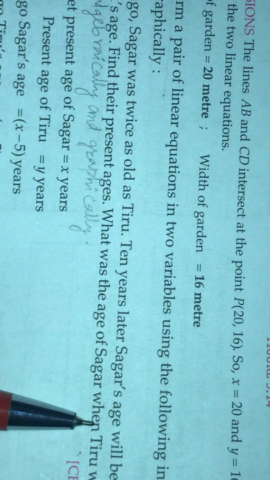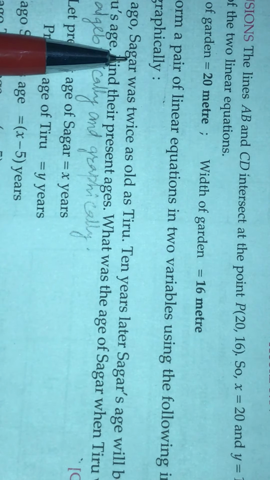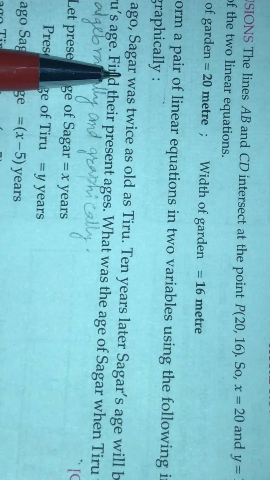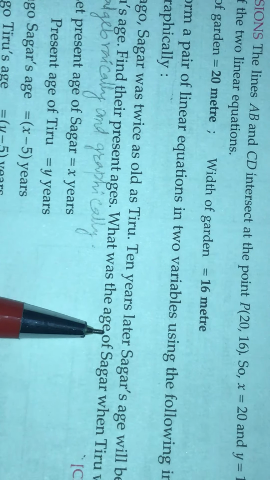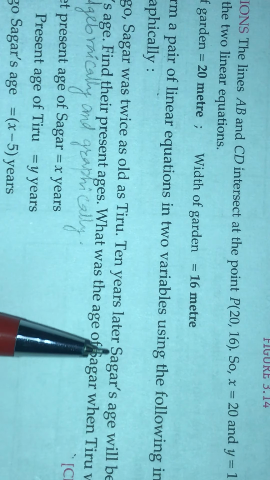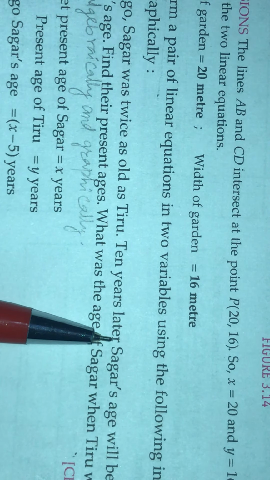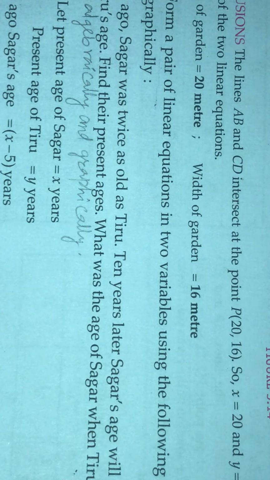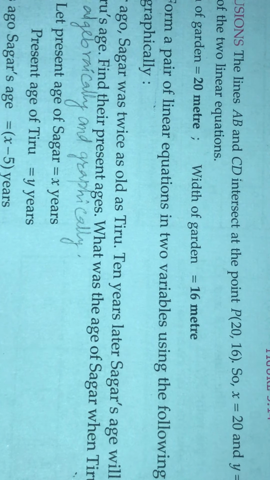Always we need two quantities in a statement based question. So here the two quantities are the ages of two persons, Sagar and Tiru. One is 5 years ago and the other is 10 years later. So let's try to represent this algebraically. Let's frame the equation using this statement, and then we shall see how to find the solution graphically.